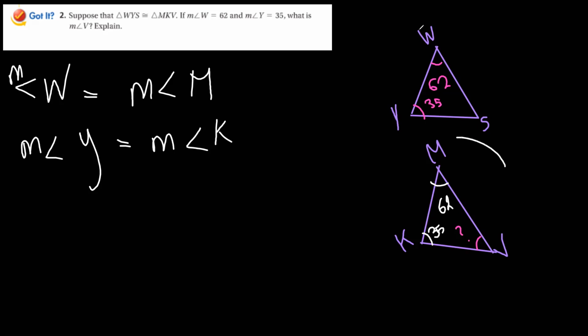Now, look at my second triangle here. In the triangle, we have 3 angles, and 2 angles are known. Can I know the third angle now? What is the summation of the angles in the triangle?